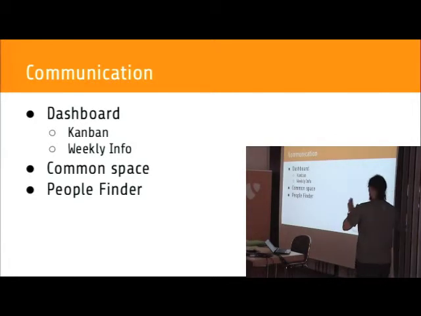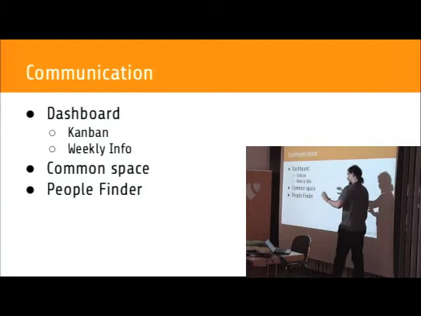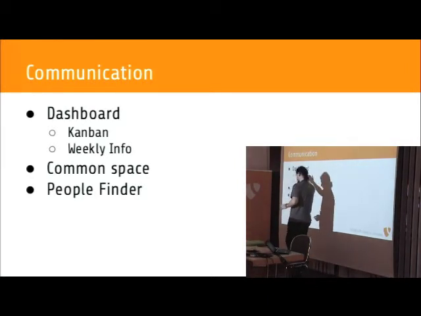There is such a thing called agile methodology, and here we could find elements which are also used for collaboration in the team. So let's speak about the dashboard, for example.